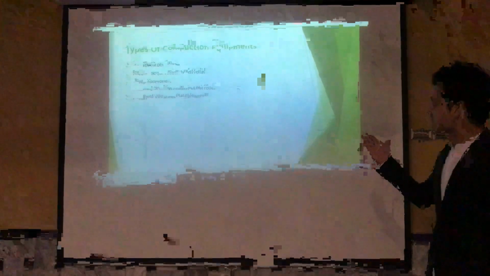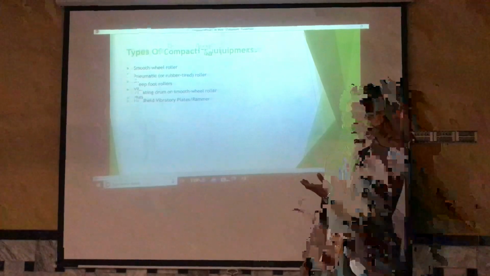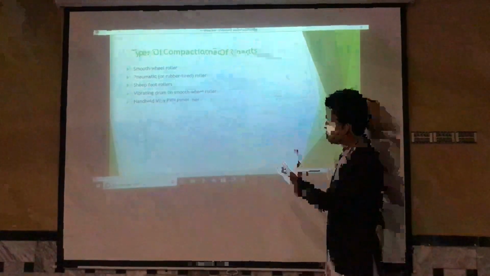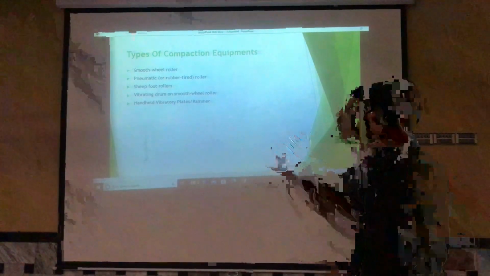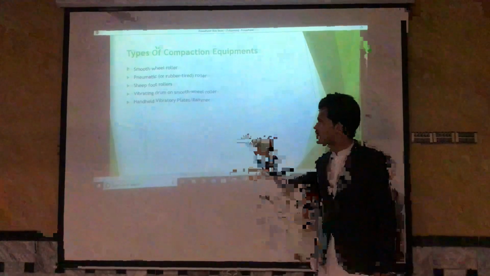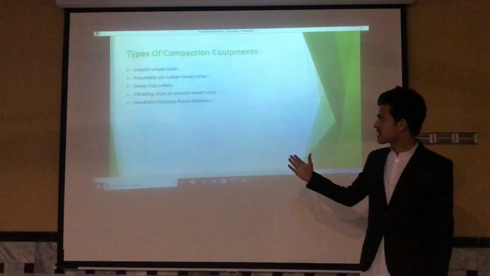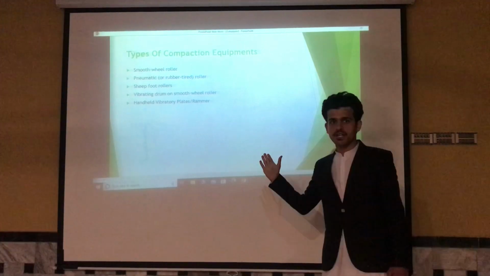Types of compaction equipments. These are a few types of compaction equipments, and I will discuss these: smooth wheel roller, pneumatic or rubber tire roller, sheep foot roller, vibrating drum or smooth wheel roller, and the hand-held vibratory plates or rammer.